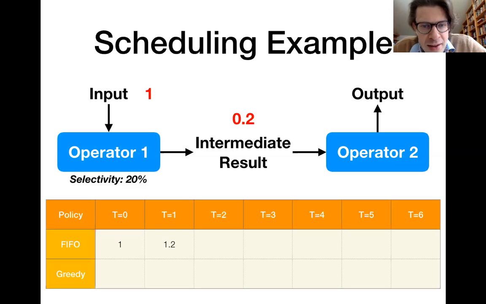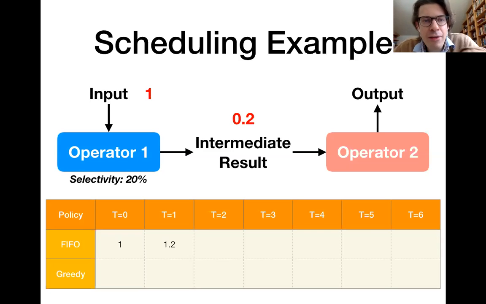So here in the next step, I would invoke operator 2 because it's the simple FIFO scheduling strategy. And the result of that is that, first of all, we are getting rid of the intermediate results.